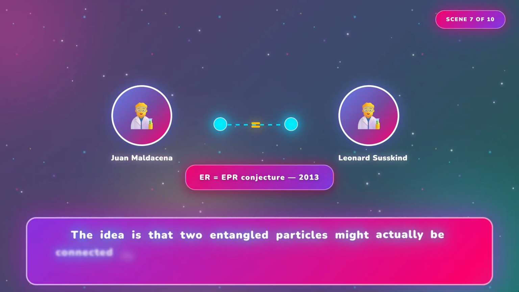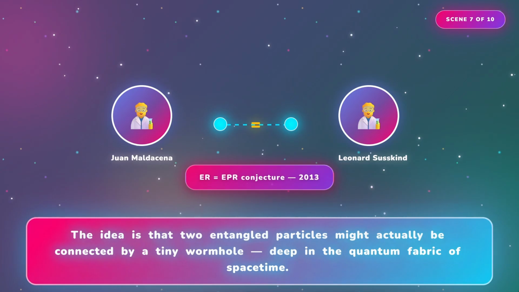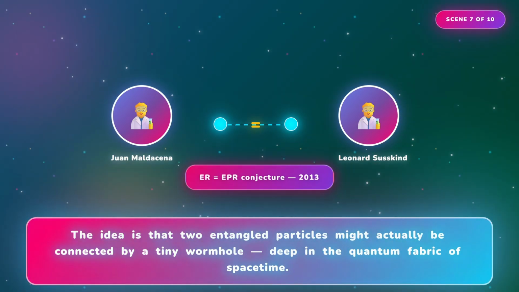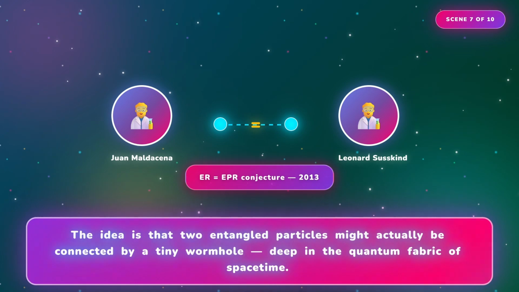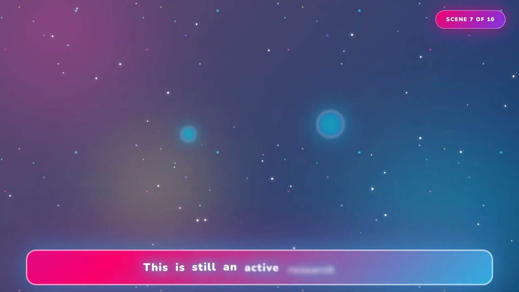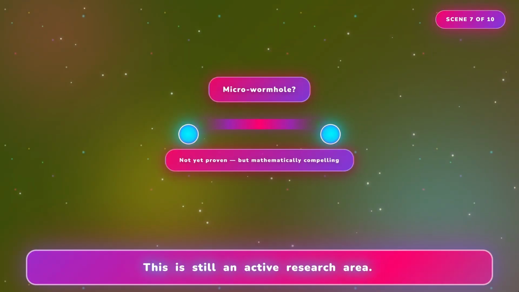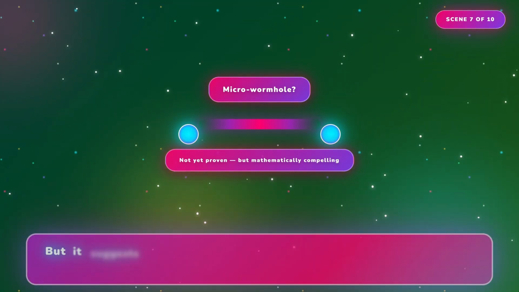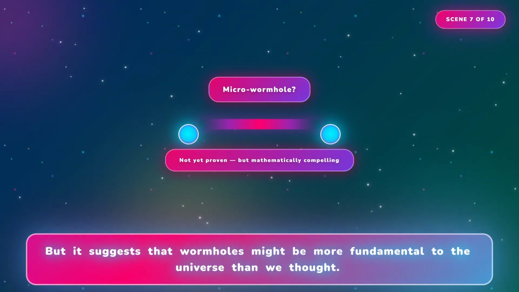The idea is that two entangled particles might actually be connected by a tiny wormhole, deep in the quantum fabric of spacetime. This is still an active research area. We don't know if it's true. But it suggests that wormholes might be more fundamental to the universe than we thought.